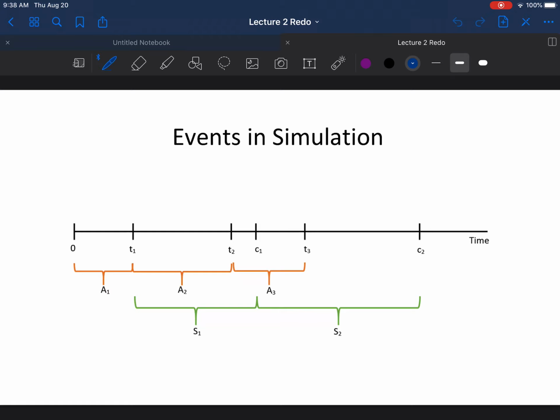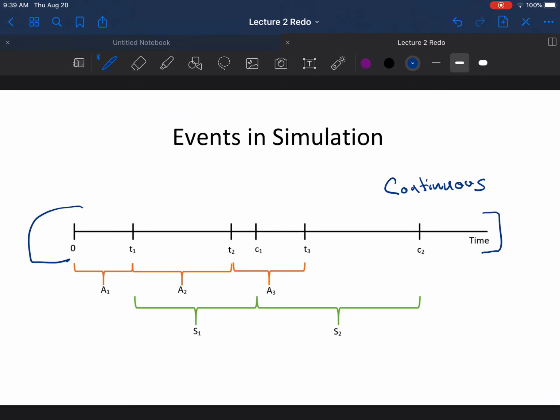For the discrete events, what that means is that if we're fundamentally interested in arrivals and completions, even though time is continuous, this continuous line, the discrete events are the time points where there's either an arrival or a completion.